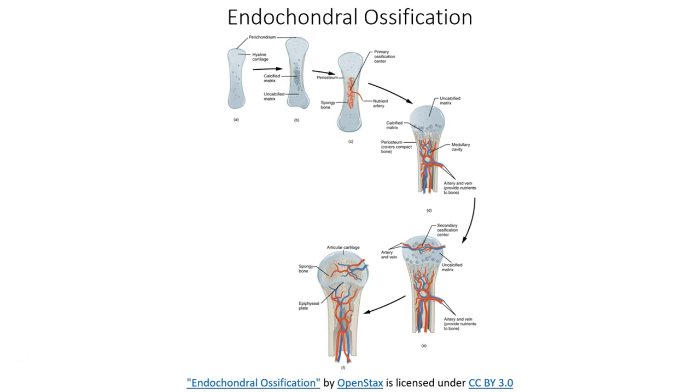All right, because we're starting to solidify in here, and that's going to prevent that nutrient movement, which means that those chondrocytes are going to die, because cells are not going to survive if they are not getting the nutrients they need. And the death of those chondrocytes is going to lead to the rest of that cartilage starting to disintegrate, because if we don't have cells to maintain it, it's going to break down slowly over time.